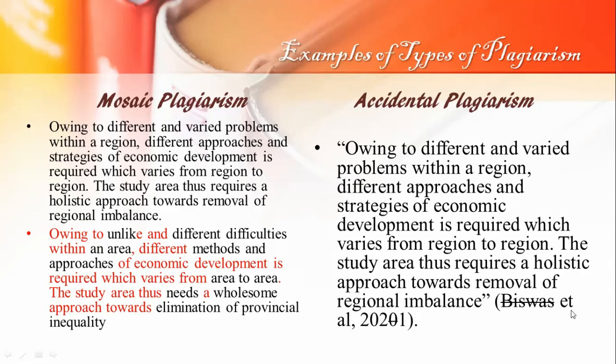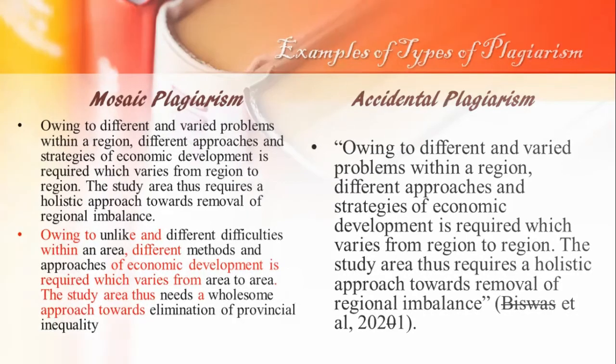If there is only a single author, then Biswas, comma, and then the year. Instead of my surname, he gives some other name, maybe unintentionally. So that is accidental. Instead of 2020, he may give 2021. So that is accidental plagiarism.